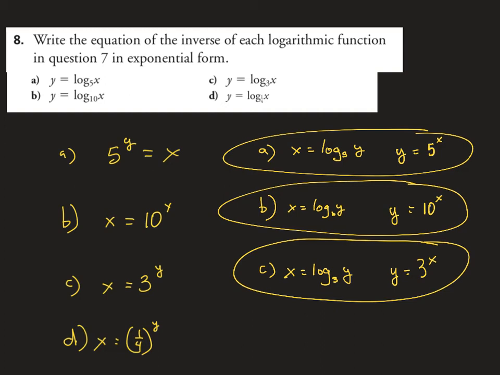You plug in an x and you're not getting an answer, right? Whereas these guys are super convenient. If I plug in an x, then in my calculator I just put 5 to the power of that x, and I get my answer of y, right? So whenever you isolate y, that's always the most convenient of the forms, but it doesn't make them different. It just makes it easier.